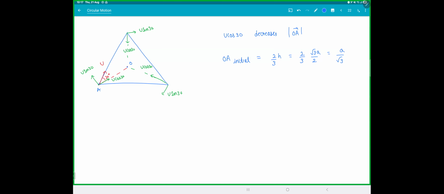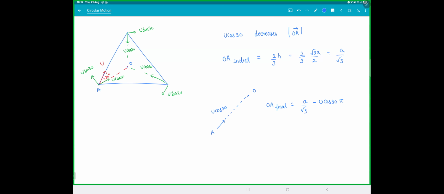So what do you think will happen after time t? Now look at this. This is O, this is A, and you're going towards O with u cos 30. So the distance won't remain constant. Distance is changing here. So OA final will be a by root 3 minus u cos 30 t.